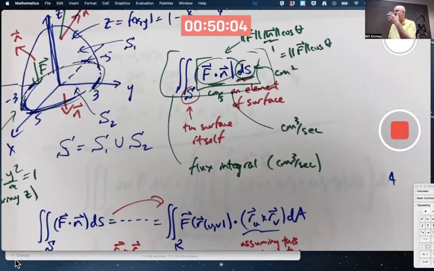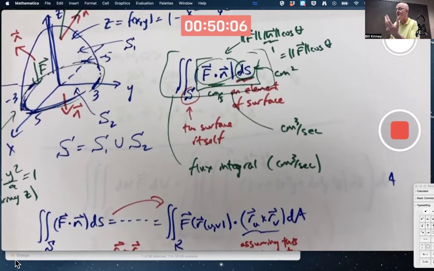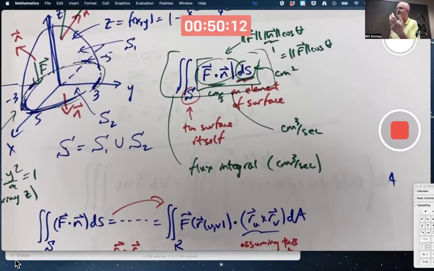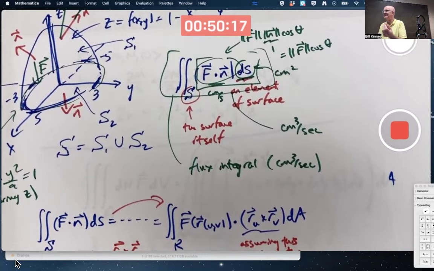It's meant to be intuitive, but it's a hard kind of intuition. It takes a lot of work and a lot of examples to kind of get it into your soul, you might say. But if you can work to get these ideas into your soul, into your gut, it definitely helps in fluid mechanics and definitely helps in electromagnetic field theory. Fluid flow, the vector field is a velocity vector field of a fluid. Electricity and magnetism, it's either an electric field or a magnetic field.